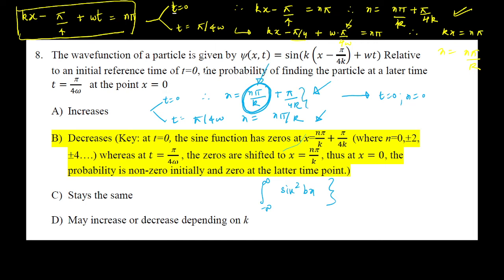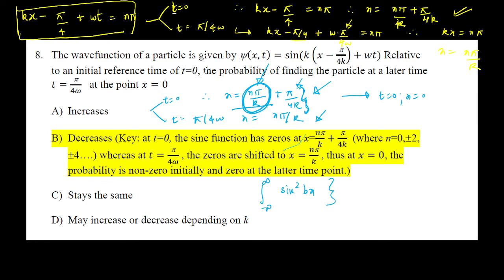But what about this value? Still x has some value, pi by 4k, so it will give you some probability. This part will definitely give you 0 because it's an integral multiple of n pi, and when sine is an integral multiple of n pi, the value goes to 0. But still some part of the function is left.